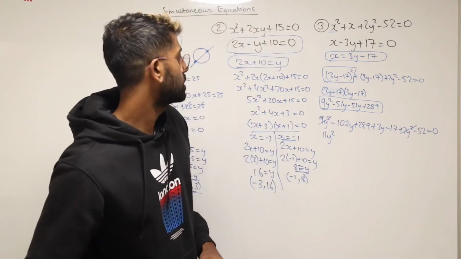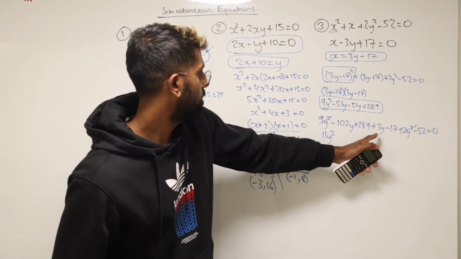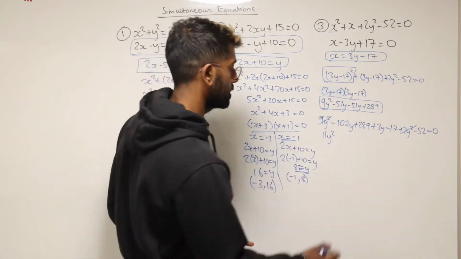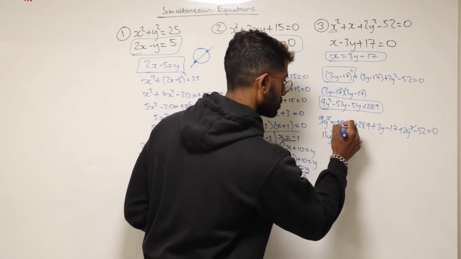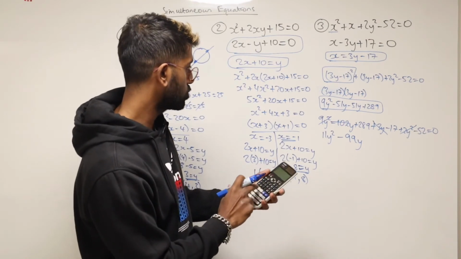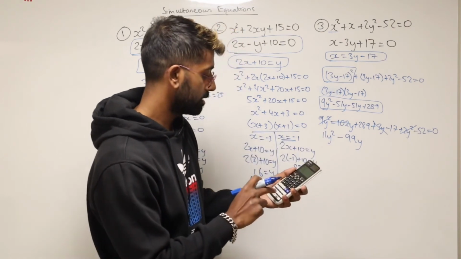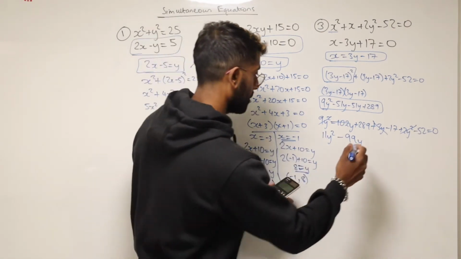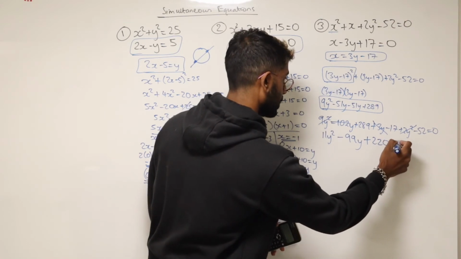Then we've got minus 102y plus 3y. So that's minus 99y. And then let's collect the rest together there. So 289 minus 17 and then minus 52. So altogether that comes out as positive 220.